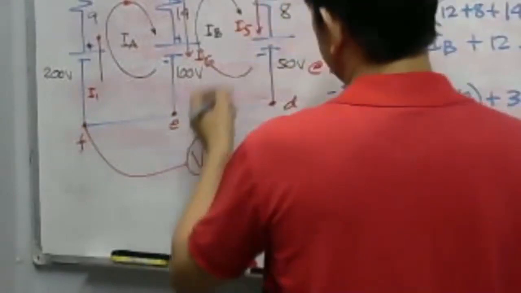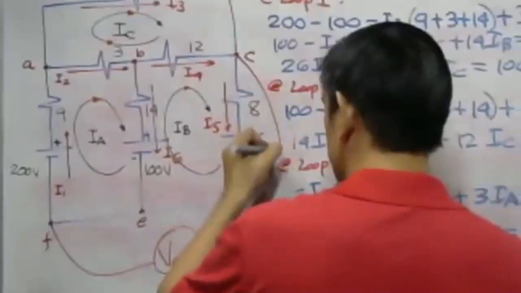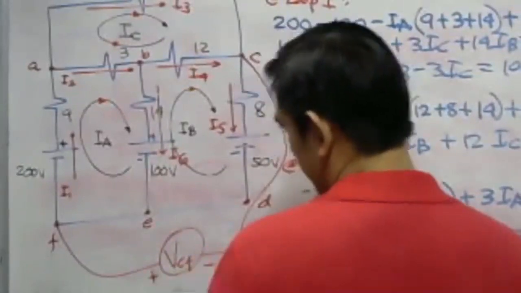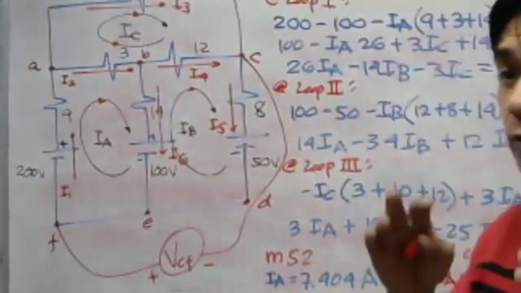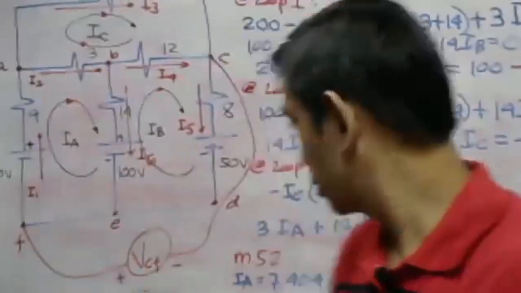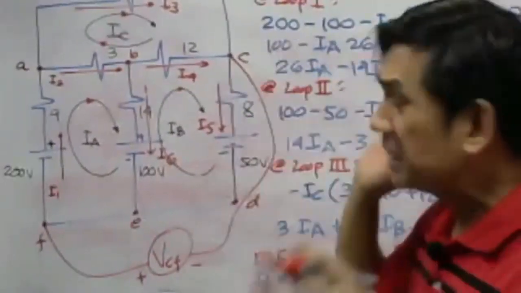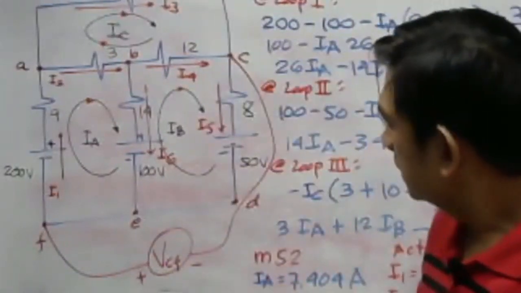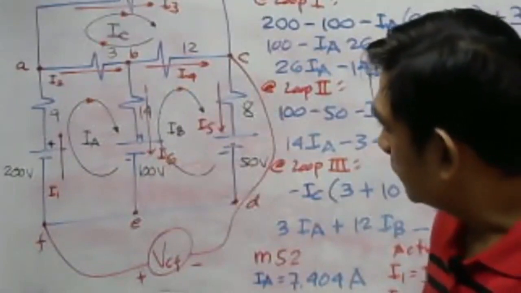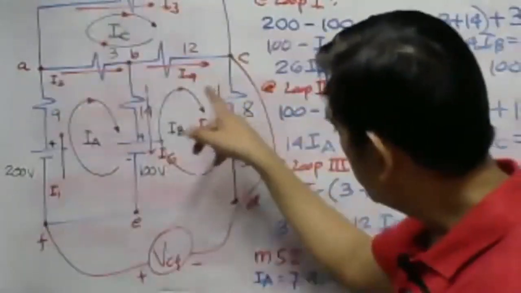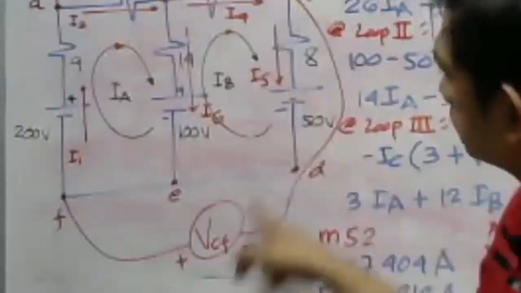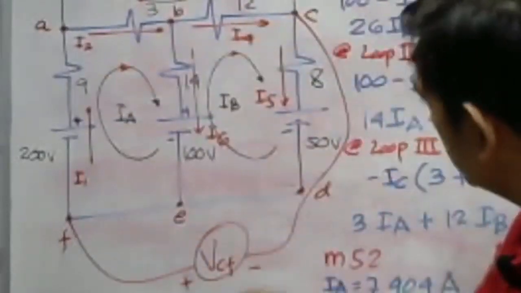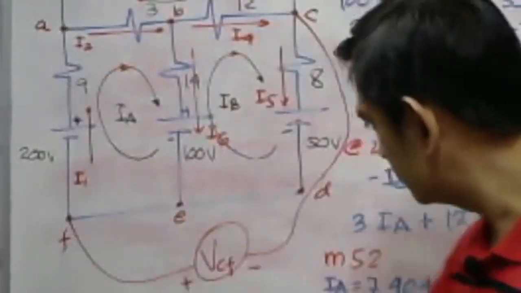Put a voltmeter at point C and point F. Then this is our positive terminal and negative terminal. Just like what I taught you before, we just need a single loop to calculate VCF. We can have this loop, or this loop, including the voltmeter. We can also have this loop.